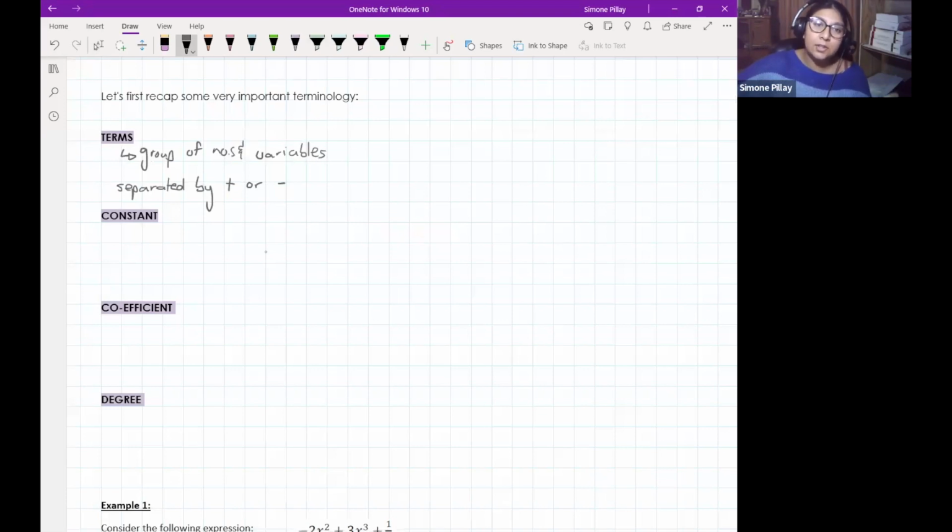So a term is a group of numbers and variables that are separated by plus or minus signs. And separated, what do I mean when I say separated? I mean separated from each other, by plus or minus signs. So what are terms? It's just a group of numbers and variables that are separated from each other by plus or minus signs.